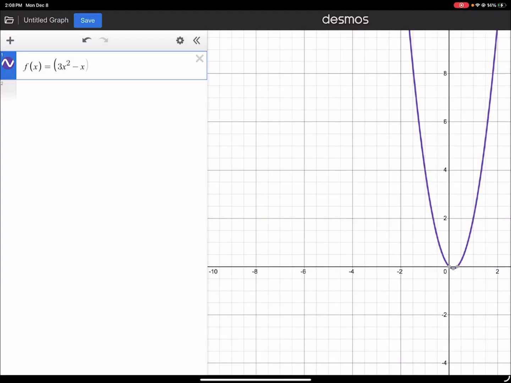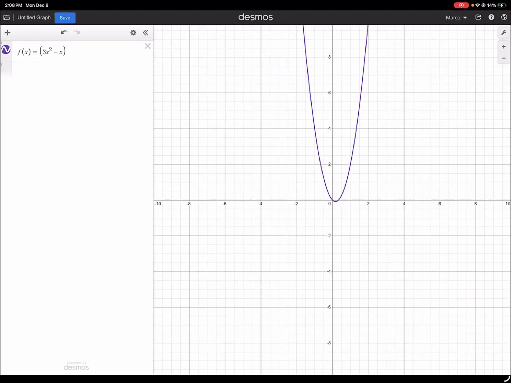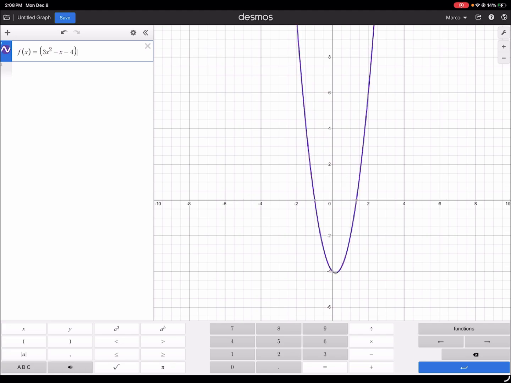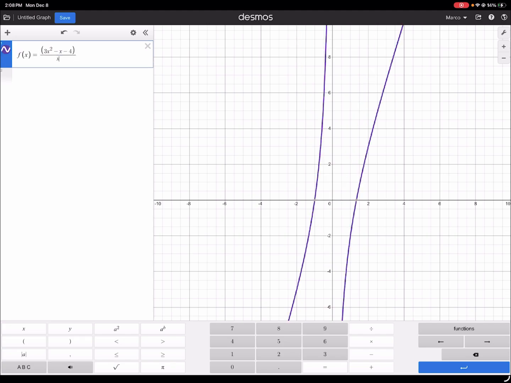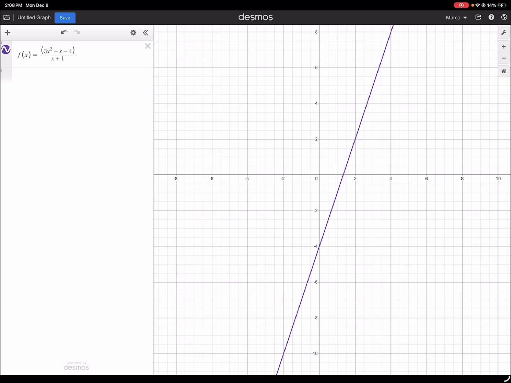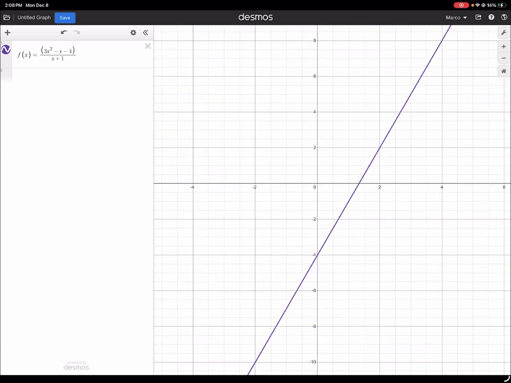If you take a look, this rational function, a quadratic divided by a linear function, ends up just being a line, which is kind of unique.